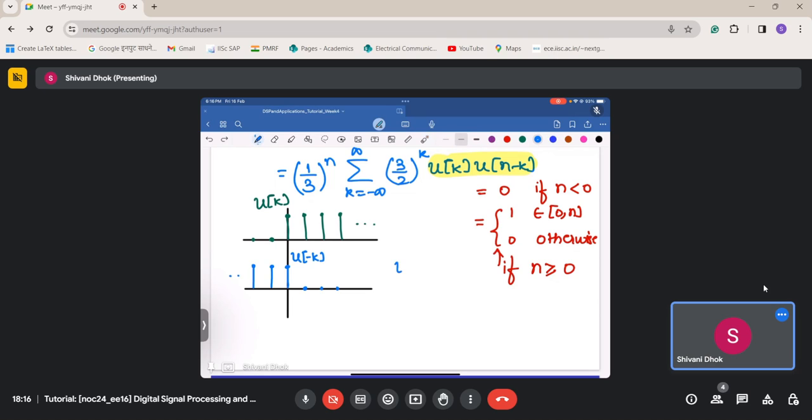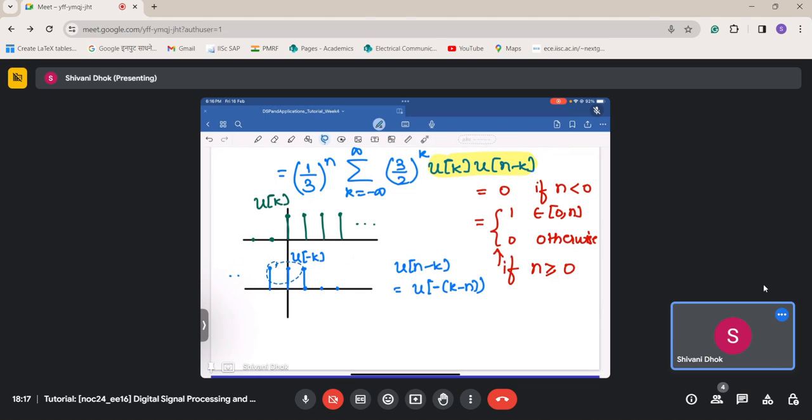So u of n minus k is equal to u of minus of k minus n. So basically I'll have to shift this signal by n units. It will be shifted rightwards if my n is positive, it will be shifted leftwards if my n is negative. So if my n is less than 0, then it will be shifted something like this, and the u of k into u of n minus k will be 0.